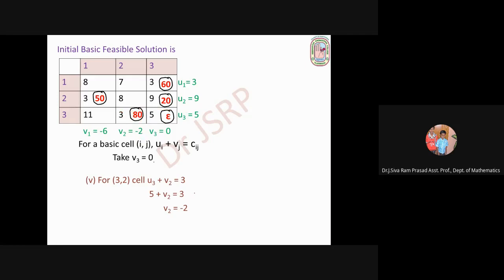Okay. Right. So these are the U values and V values. Here you may get different values. You may get different values of these by choosing another variable as the arbitrary constant. Suppose you take U1 equals 0 instead, you get a different set of values. So you don't bother about that.